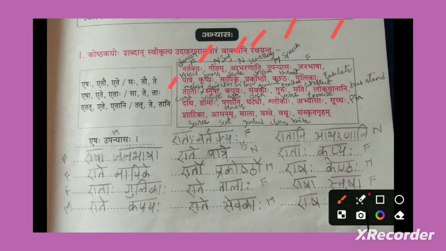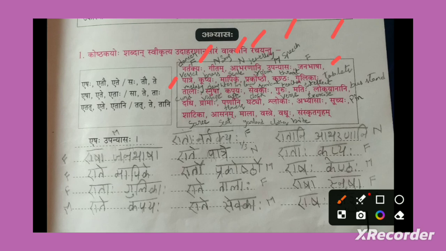Kupyaha, brass. Mapika, scale. Prakoshtau, room. Kantaha, throat. Gulika, tablet. Tala, melody. Snusha, daughter-in-law. Kapayaha, ape. Like this, they have given multiple shabdas.